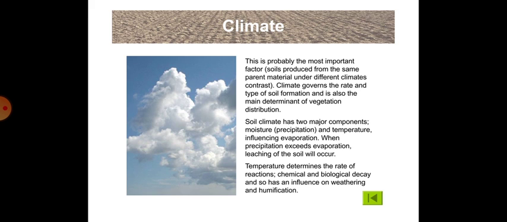Soil climate has two major components: moisture, or we can say precipitation, and temperature. Influencing evaporation: when precipitation exceeds evaporation, leaching of the soil will occur. Temperature determines the rate of reactions, chemical and biological decay, and so has an influence on weathering and humidification as shown in the figure.